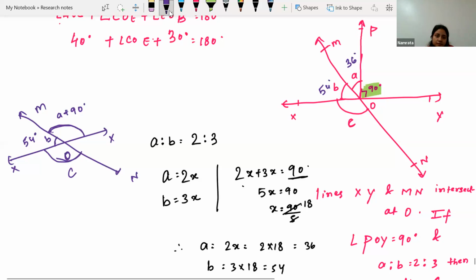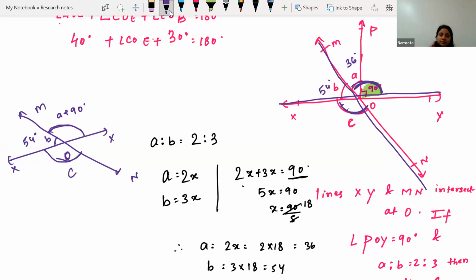If you will focus on this line and this line, can we say C will be equal to A plus 90? These two together will be equal to this one. Are you getting it? Yes, ma'am.